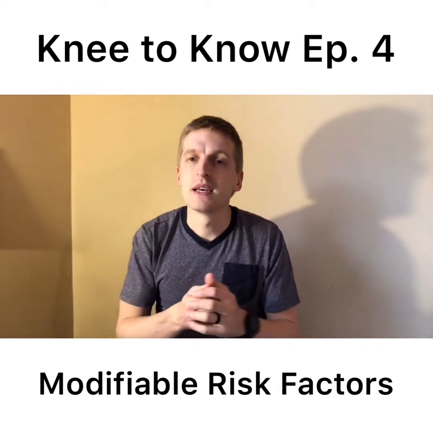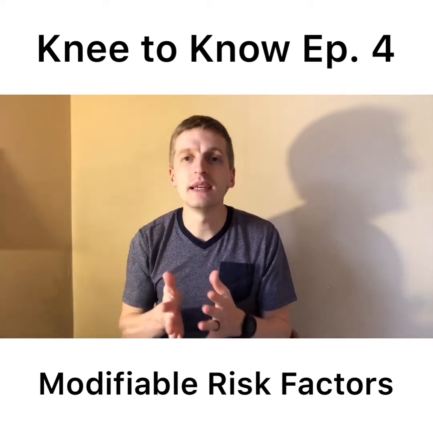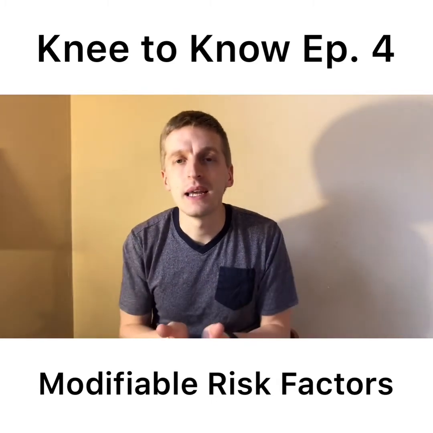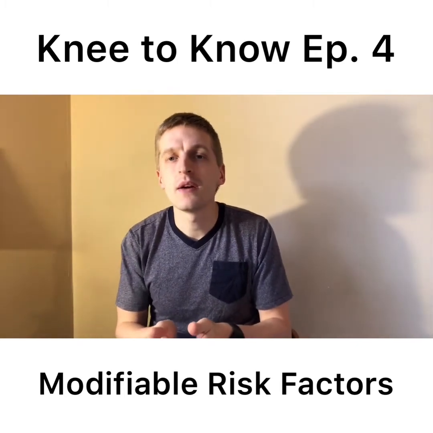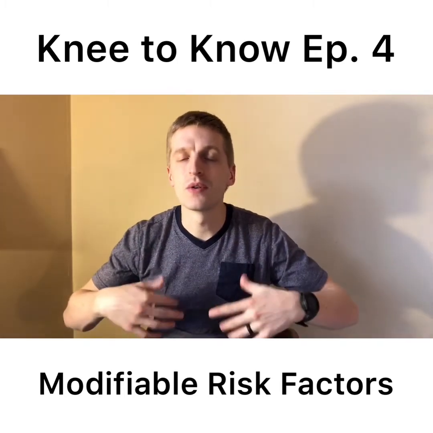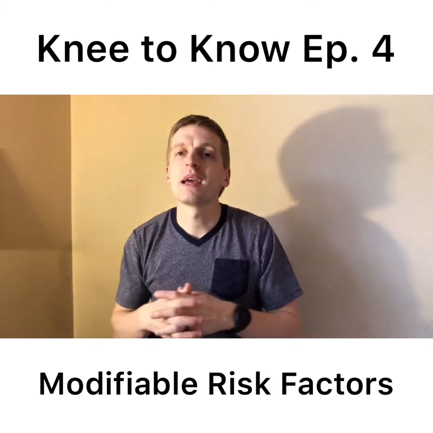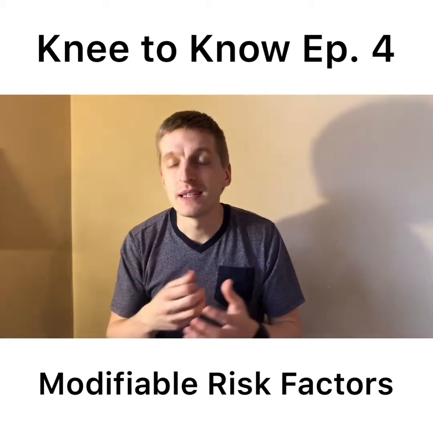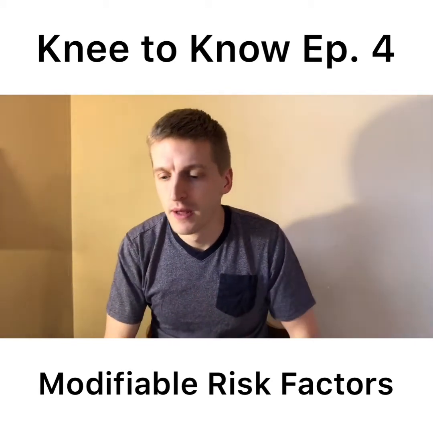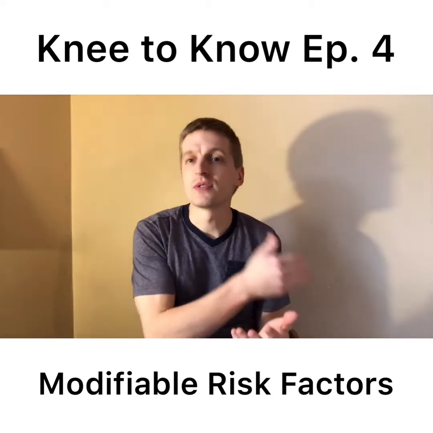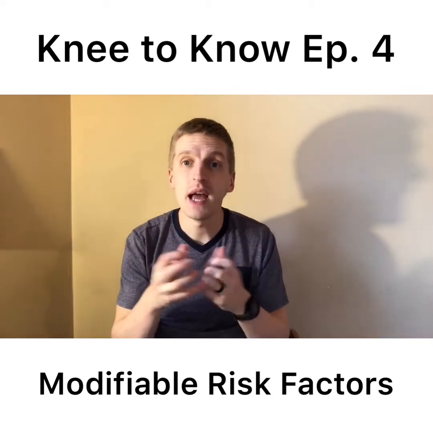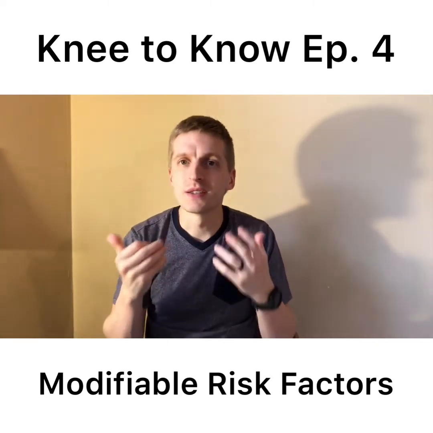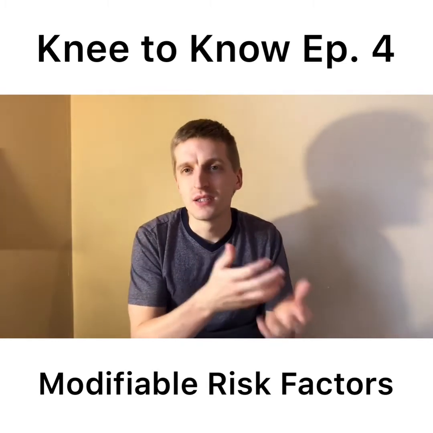There can also be biomechanical factors, so you might have knees that aren't very well aligned. If you have knock knees, or valgus deformity, or if you're bow-legged, which we call varus deformity, that can put a lot more pressure on different aspects of the knee, and you can develop arthritis in those particular parts of the knee more. Along those same lines, if you have significant abnormalities in your gait and walking, now this is something you have to take with a grain of salt, because everyone walks a little bit differently.